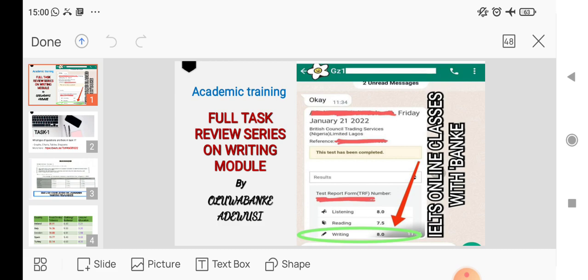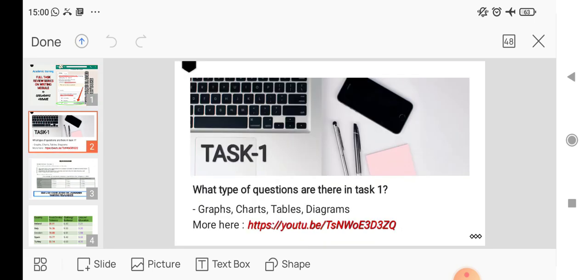This is a full task review series on the writing module. Today I will be vetting this task written by one of the students in the VIP class, and I hope that you learn one or two things to help you write your academic tasks or general training tasks such that you will be able to get a band 7+.